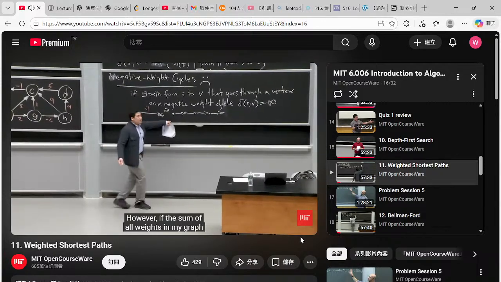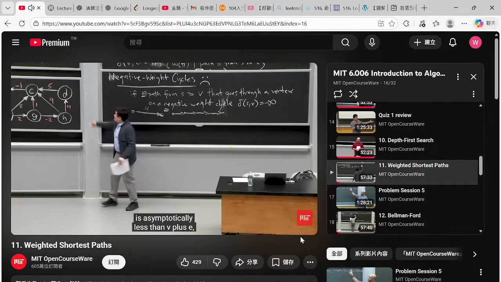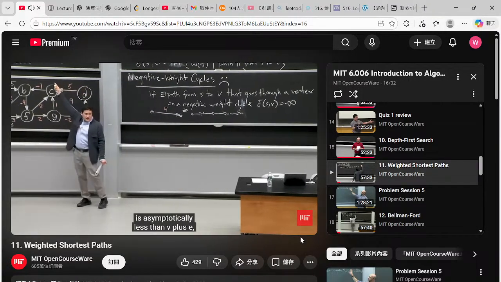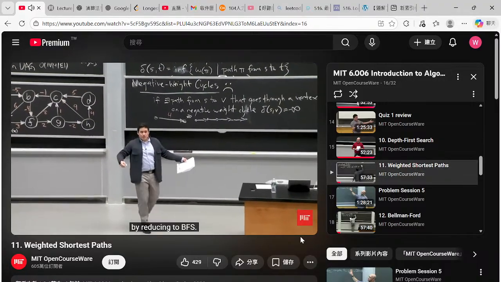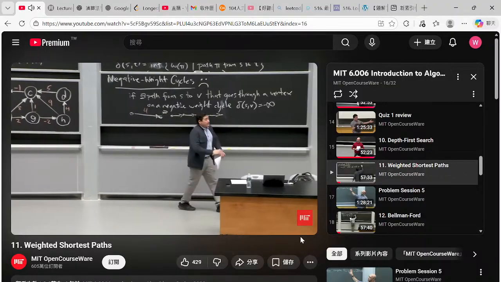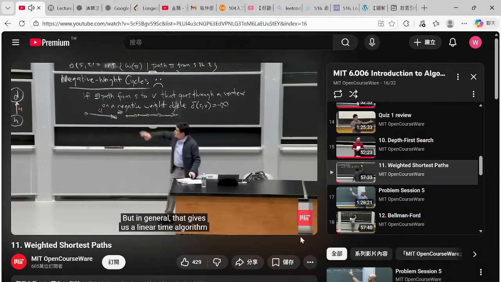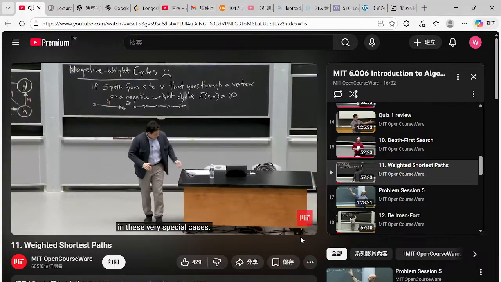However, if the sum of all weights in my graph is asymptotically less than V plus E, right, we can get a linear time algorithm again by reducing to BFS. Okay, so that's great. But in general, that gives us a linear time algorithm in these very special cases.